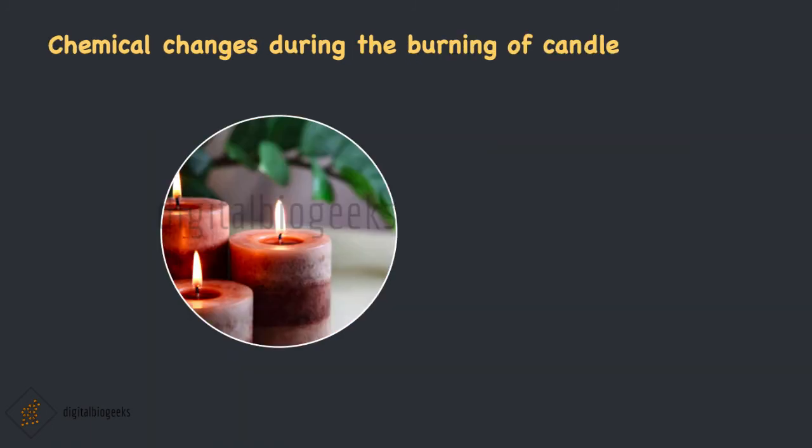Let's check what changes happen during the burning of a candle. You might be familiar with a candle, and it is made up of paraffin wax. We get paraffin wax by the purification of petroleum.